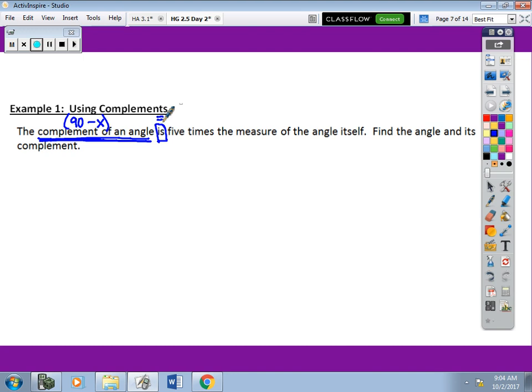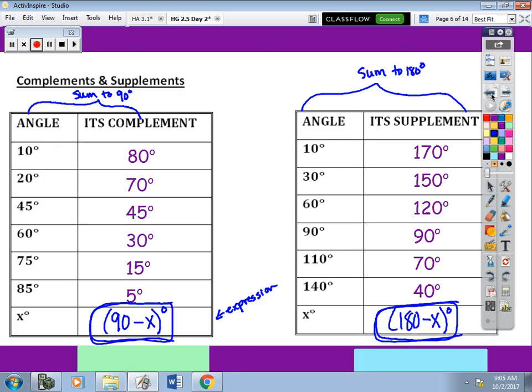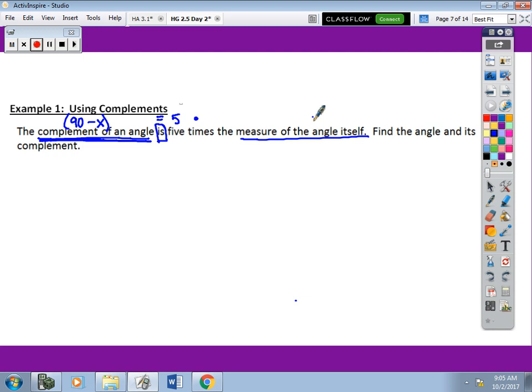Like x is 5, x equals 5. Then we see 5 times the measure of the angle itself. So we'll have 5 times, its multiplication. The measure of the angle itself, if you go back, the angle itself is just the single variable x. Okay? So every time you see the angle itself, that's just x.